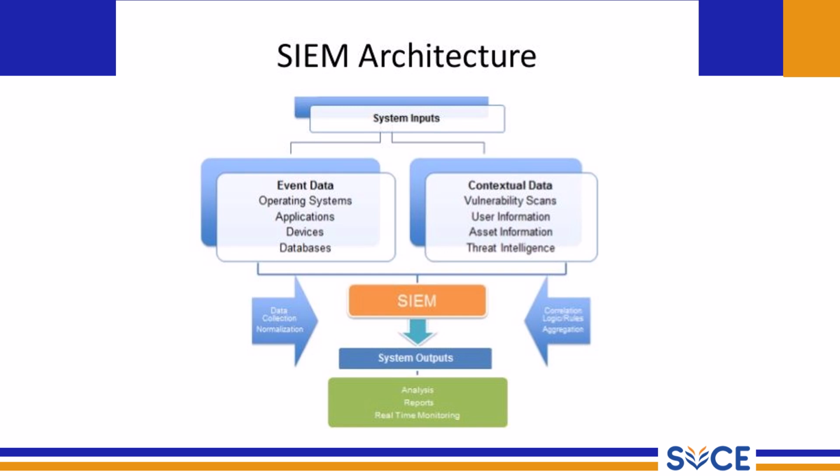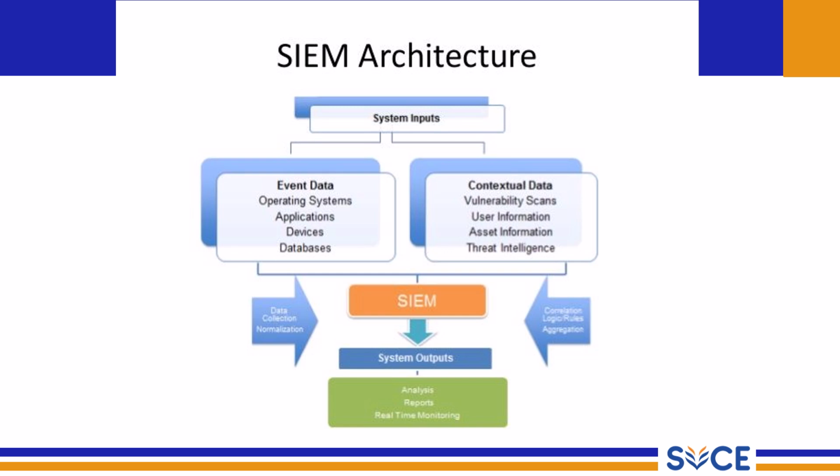The goal of this data collection is to uncover anomalies that indicate a potential threat. Many SIEM solutions also ingest threat intelligence feeds, which allow security teams to identify and block emerging cyber threats.